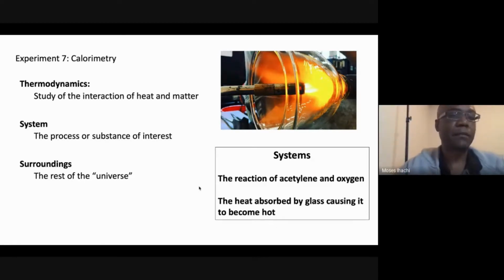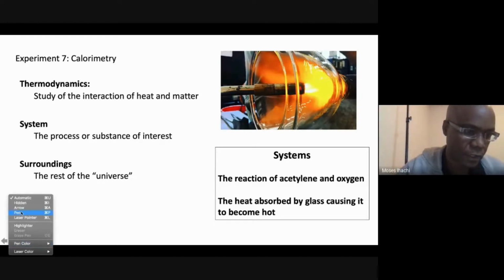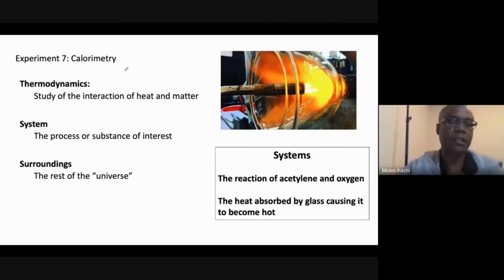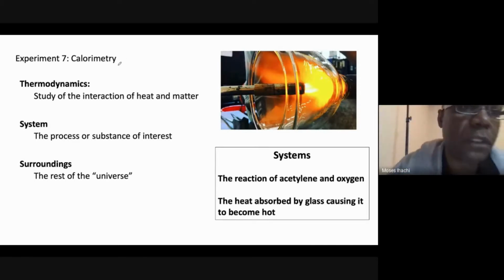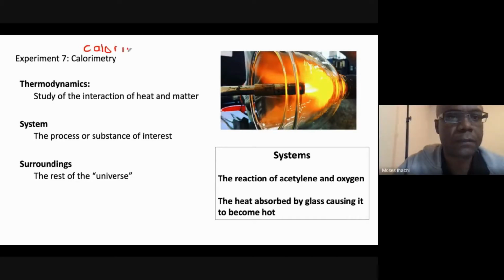So experiment 7 was supposed to be on heat and heat changes. The instrument that's used is called a calorimeter, and the process is called calorimetry.